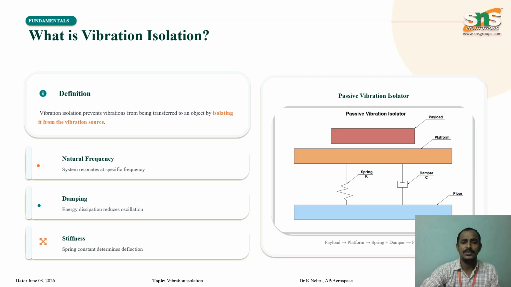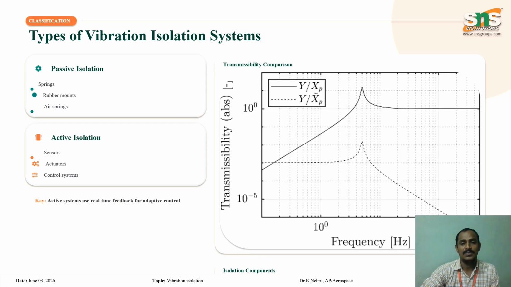Higher damping reduces the oscillation amplitude of the system, especially near resonance. Third is stiffness. Stiffness depends on the spring constant. Higher stiffness increases the natural frequency, while lower stiffness improves the isolation of higher frequency vibration. Together, the spring and damper make a passive vibration isolator system work.